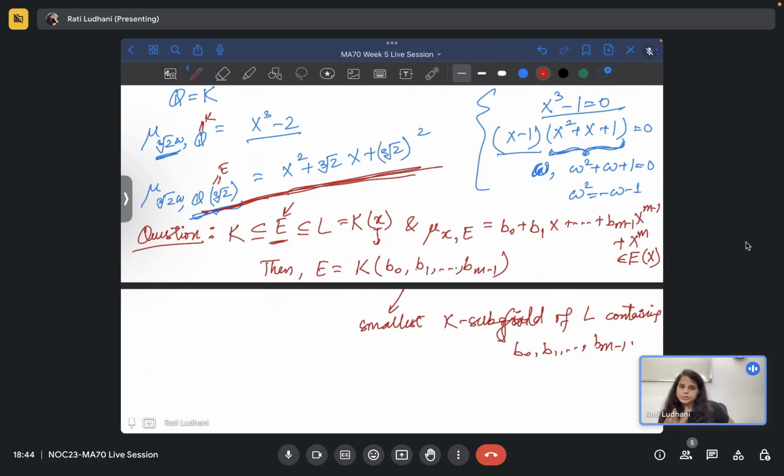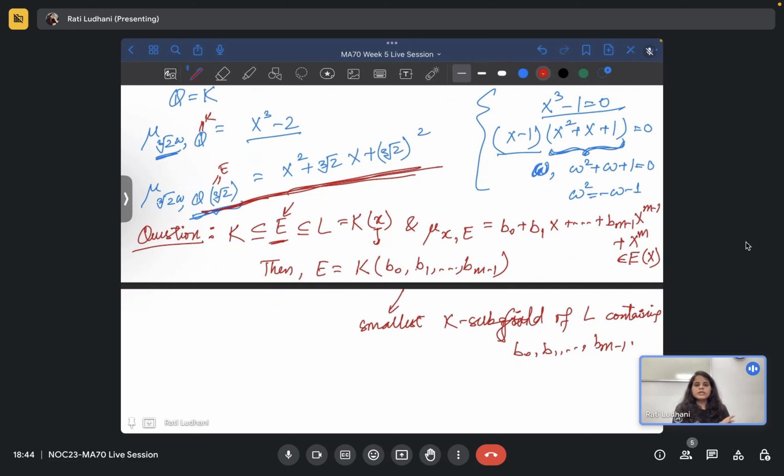So it just means that. Basically the question is saying that if L is algebraic plus simple, then with the primitive element which you have used, any intermediate field between K and L can be obtained just by taking the minimal polynomial of that primitive element over that intermediate field.